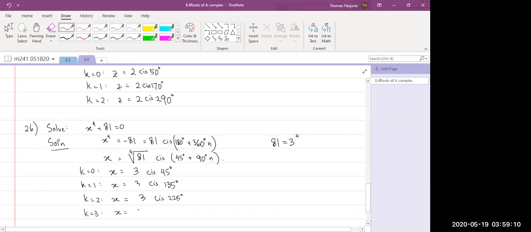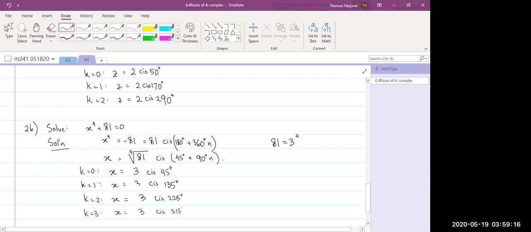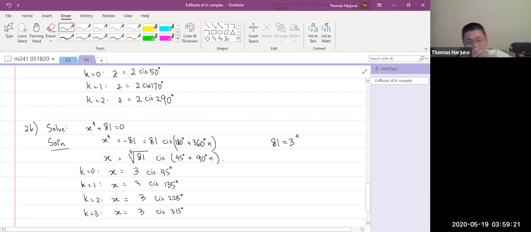Up to k equals 4, is it right? Yes, because there's the power of 4. Yeah, to the power of 4, but you start from 0 though. So you will go up to 3 only.